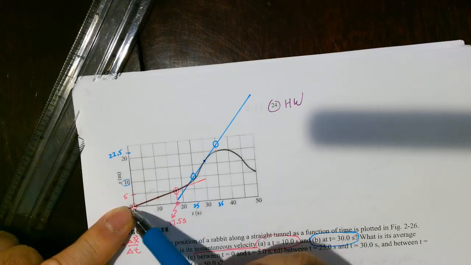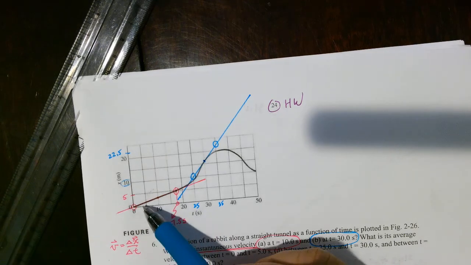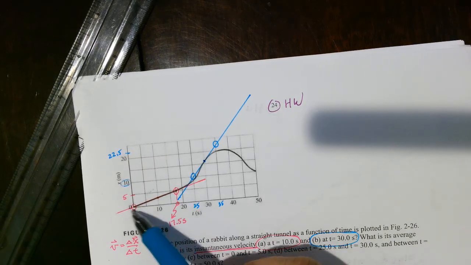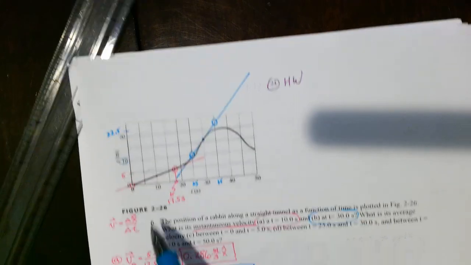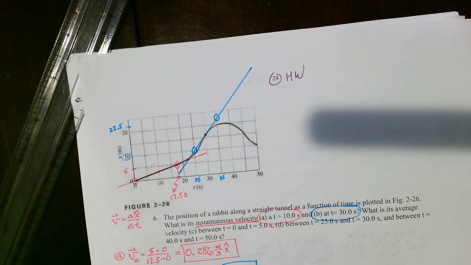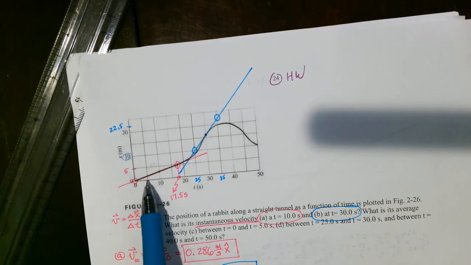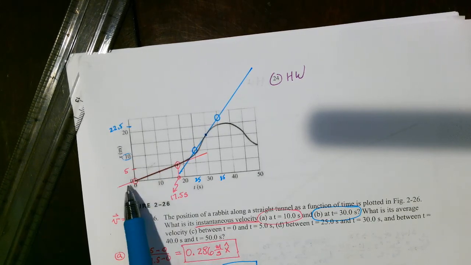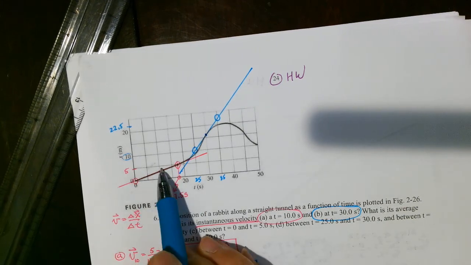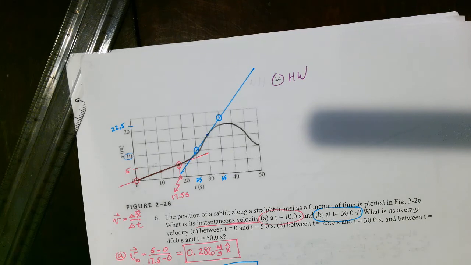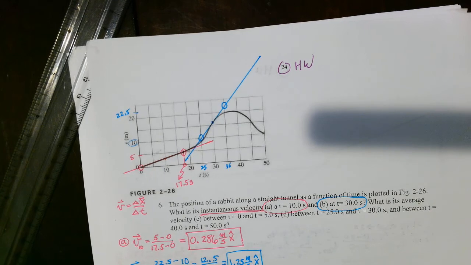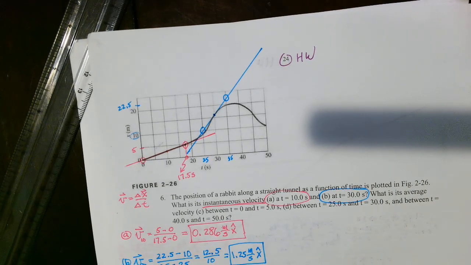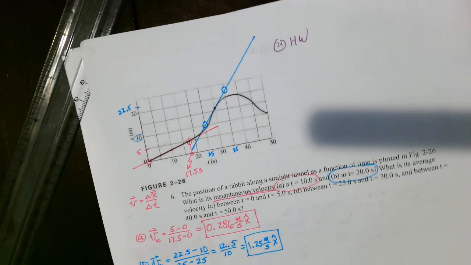We already know that because the average velocity from here to here, here to here, they're all going to be the same value because my velocity doesn't change. Between 0 to 5, or 0 to 10, or 0 to 15, 0 to 20, 5 to 10, 5 to 15, it doesn't matter. The average velocity is always constant, which is 0.286 meters per second.